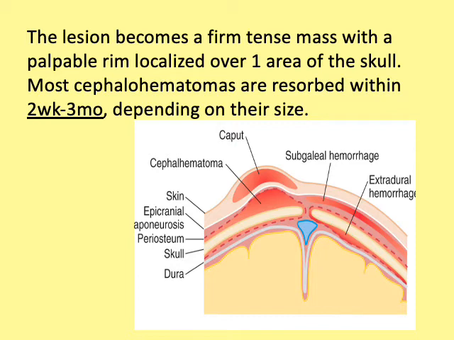This is a photo illustrating the area which is involved in the formation of the cephalhematoma, which is deeply seated in between the skull bone and the periosteum, while the caput succedaneum is a superficial soft tissue edema related to the presenting part.